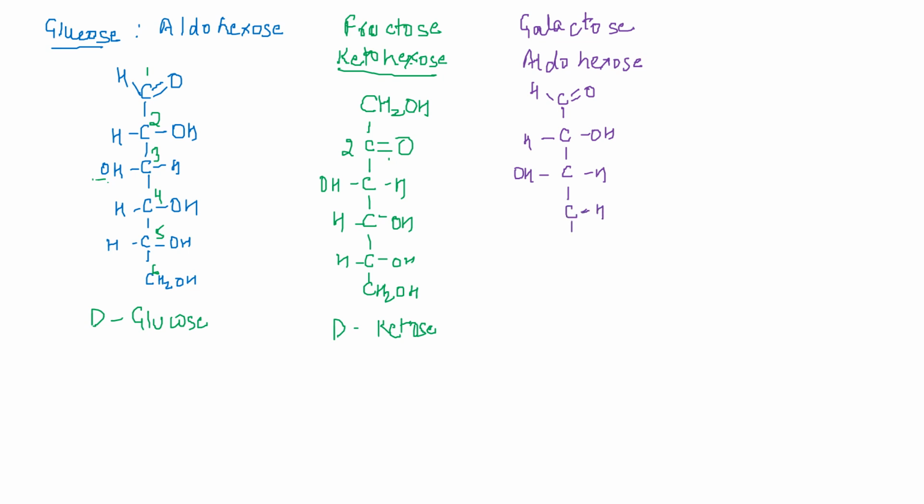The difference you will see, 5. Now if you take a look at it, the structure is quite similar to glucose, except that at the C4 this OH is on the left hand side, and so the galactose differs from the glucose only at the C4.